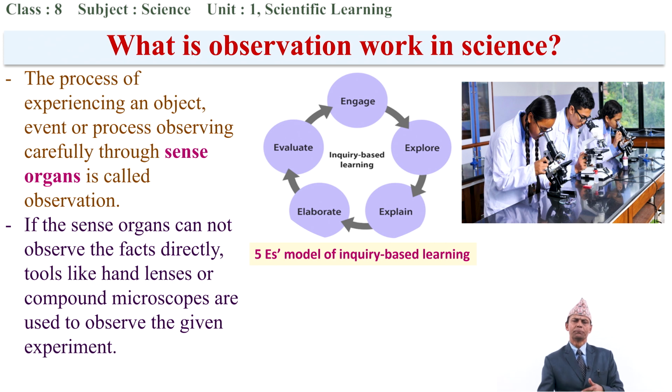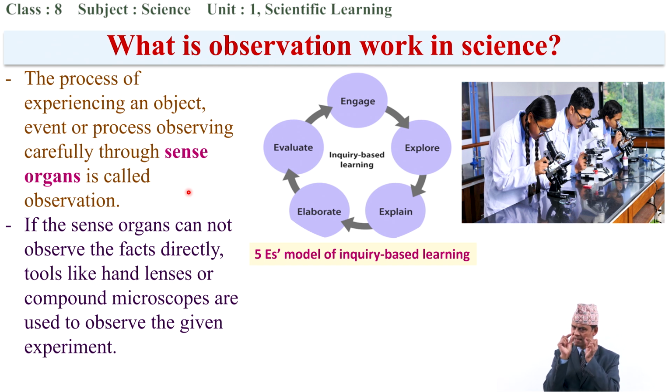So, the process of experiencing an object, event, or the process of observing carefully through sense organs is observation. What do we study? What do we experience? By using our 5 sense organs. Yes, that process is called observation. So, if the sense organ cannot observe the fact directly, then what do we have to do?